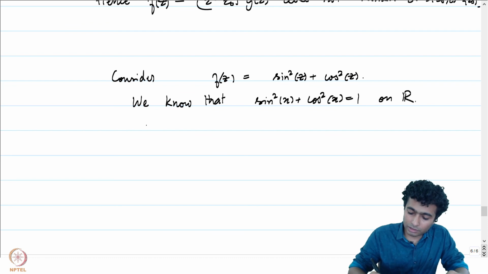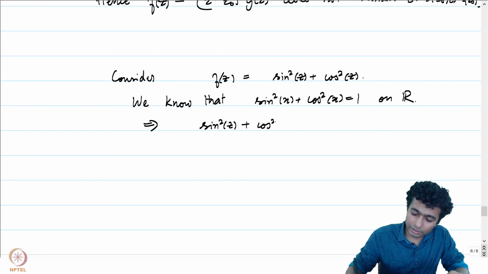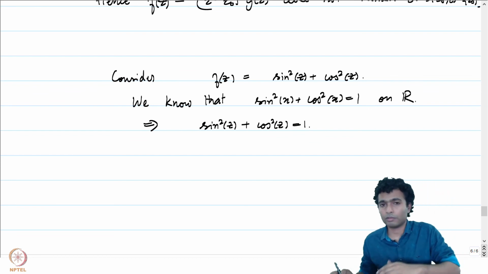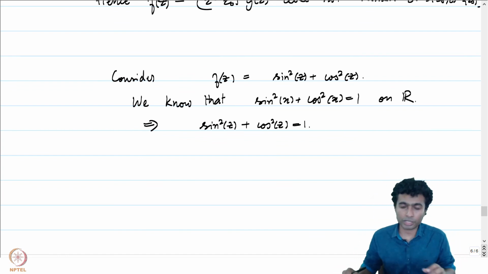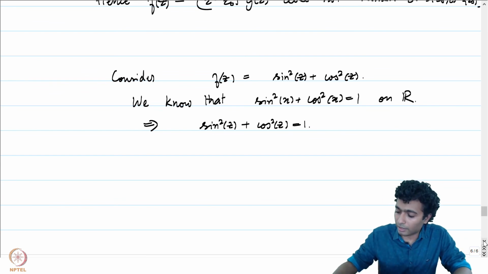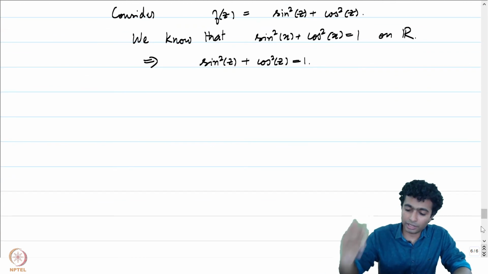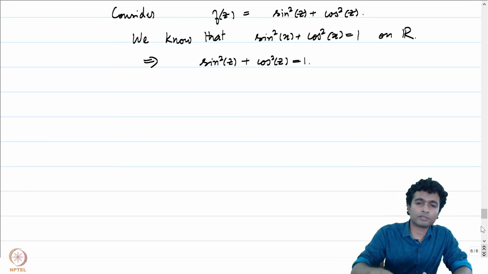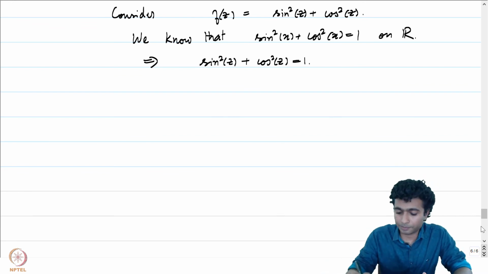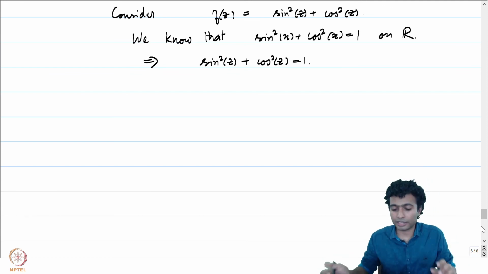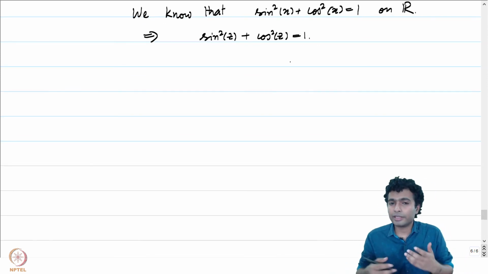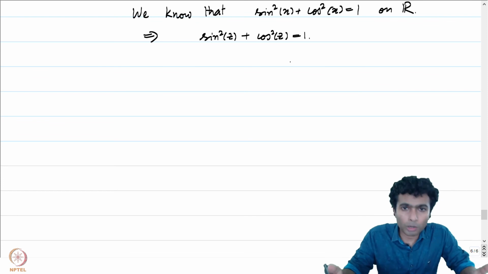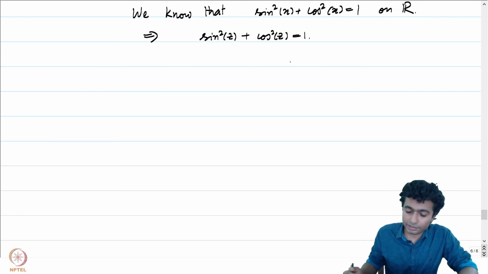In other words, this forces sine square z plus cos square z to be equal to 1. So we don't even have to look at the power series expansion to conclude this particular identity about sine and cosine. Of course, we have already done this by looking at the explicit power series expansion in the initial stages of this course, but this is one observation using the identity theorem, or the fact that non-trivial analytic functions have isolated zeros. So we will see that this theorem has some really beautiful applications when we look at some of the problems at the end of the week's lectures.